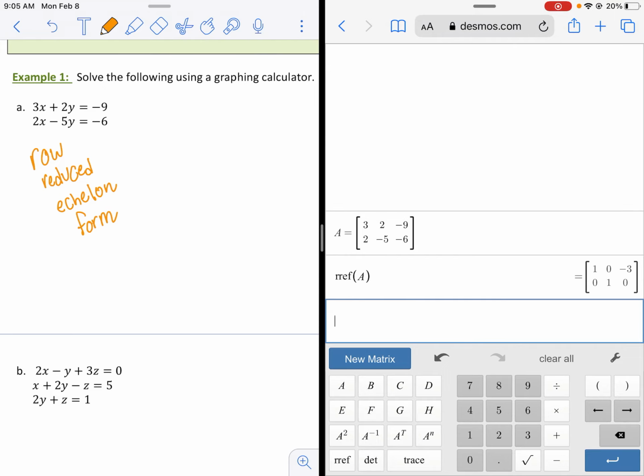I don't even really have to hit enter, but I can to store my calculation, and it'll give you what that matrix looks like in row reduced echelon form. I got out the matrix 1, 0, -3, 0, 1, 0. Remember, in systems of equations form, that's telling us x equals -3 and y equals 0. That's the solution to my system of equations.